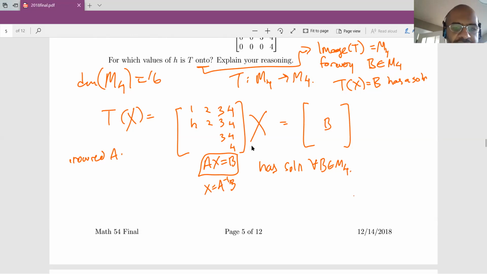But what if A is not invertible? Could it be onto then? Here's a hint: try to relate this to usual linear systems that you're used to.